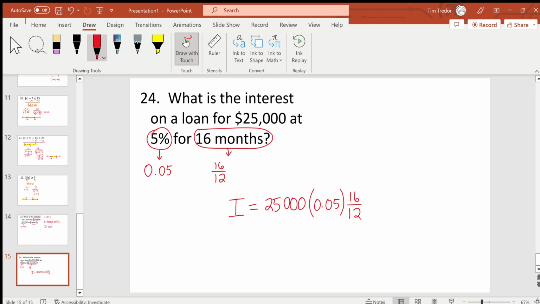All right, now what I would do in my calculator is multiply the 25,000 times the 0.05 and take that number and multiply it by 16 and divide that answer by 12. And what I end up with is going to be $1,666, and we'll round it up to 67 cents.